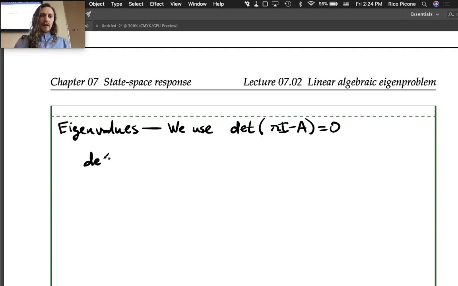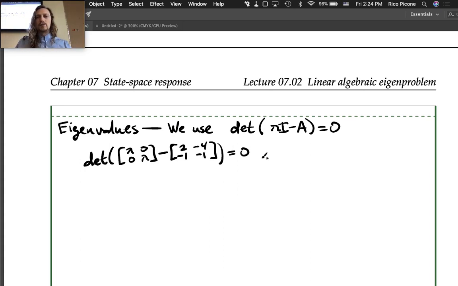So determinant of lambda I, so I is going to be a 2x2 identity matrix, right? Because A is a 2x2 matrix, needs to match those dimensions. And if we multiply an identity matrix by lambda, it's going to have lambdas along the diagonal and zeros elsewhere, minus A, which is 2, -4, -1, -1, equals 0.